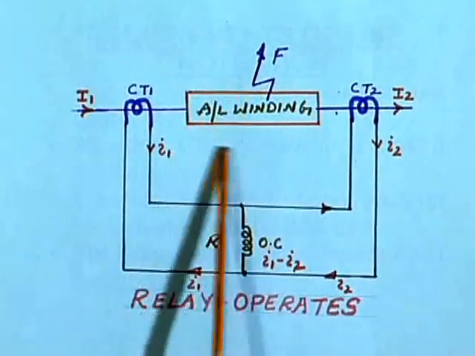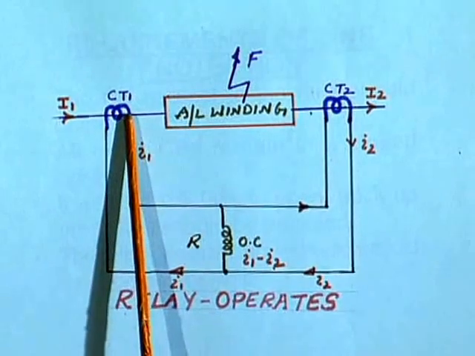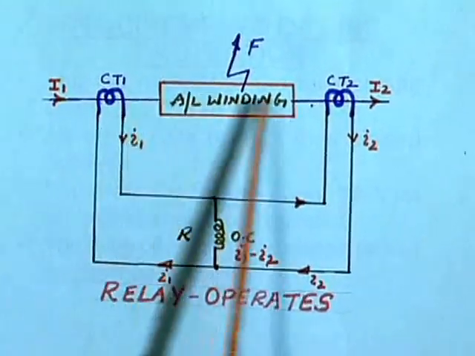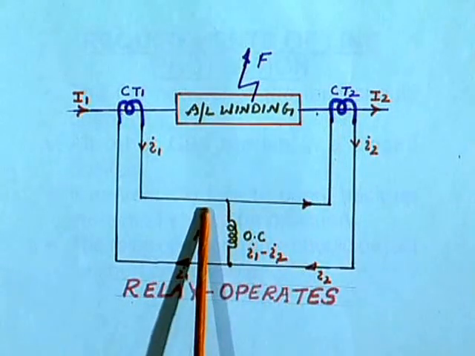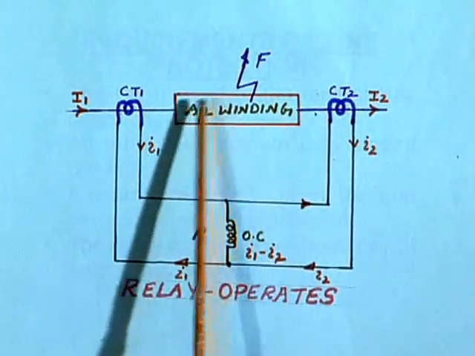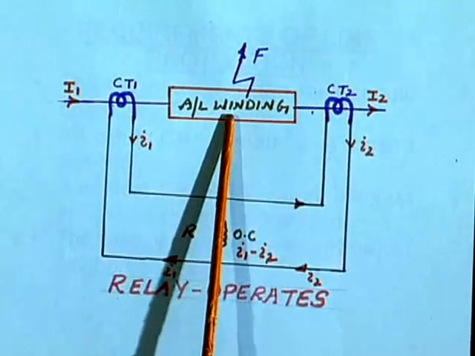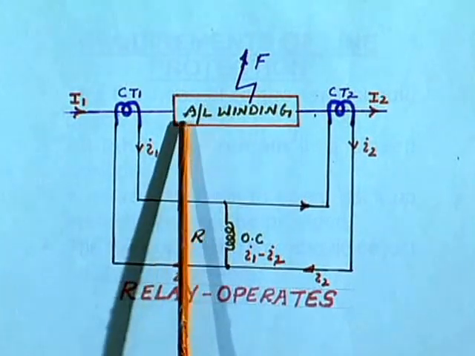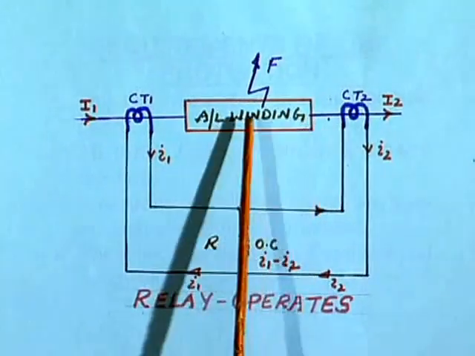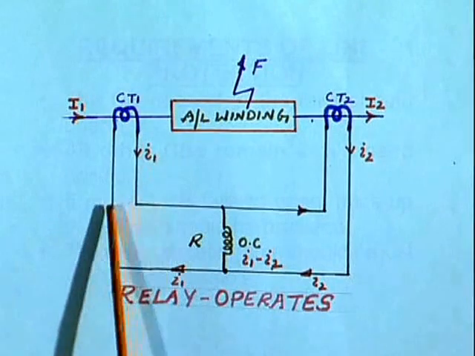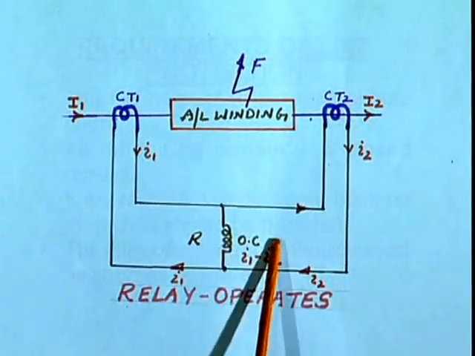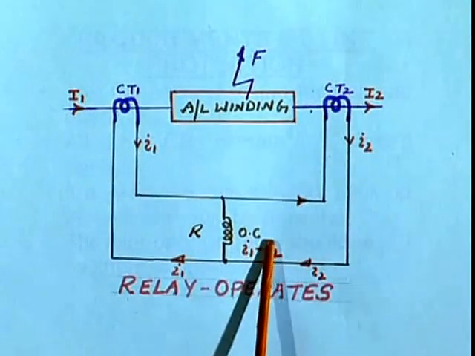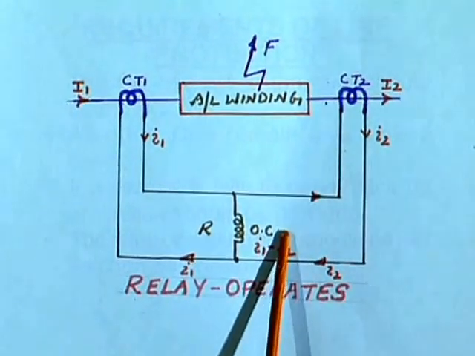So if it is an alternator winding, the distance between either end of the winding will be small, therefore we can use the CTs through pilot wires. In place of this, if we put a transmission line, the transmission line consists of several kilometers, so longer pilot wires are required. Therefore this protection is very costly, hence it cannot be used for transmission lines of bigger length.